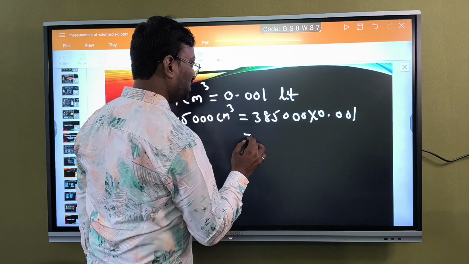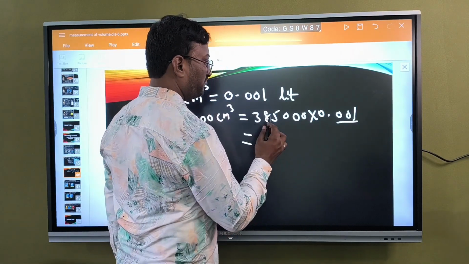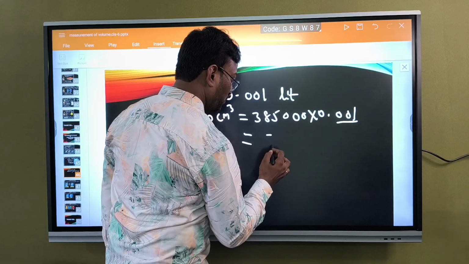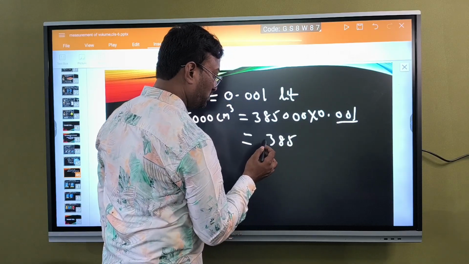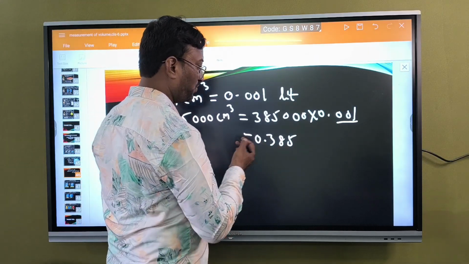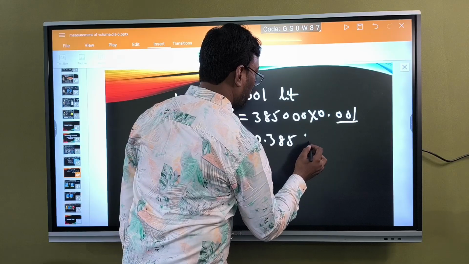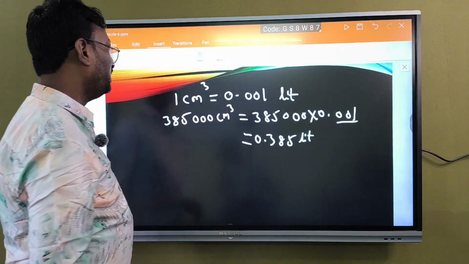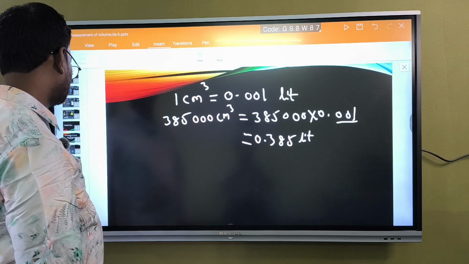To multiply, 385 into 1 is 385. You write it as it is. After 3 digits you put the point. So this will be in liters: 0.385 liters. We got the answer in terms of liters.